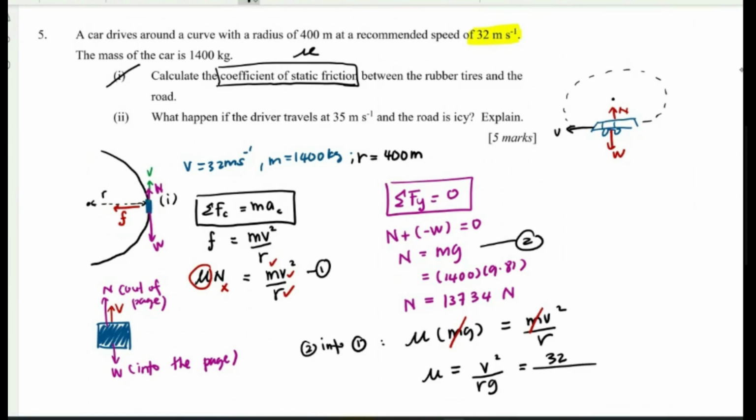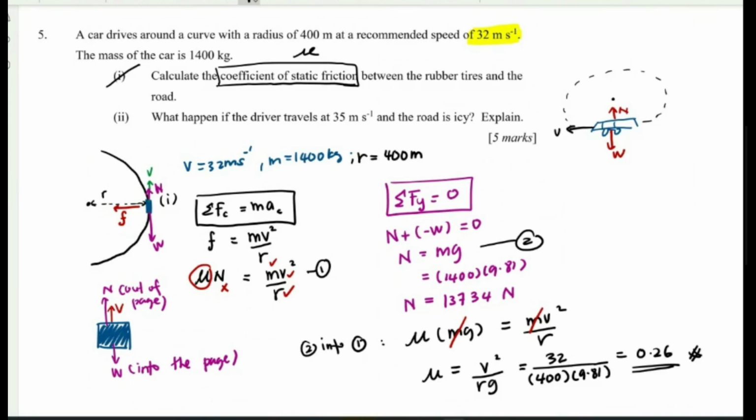Sama juga dengan radius. Soalan ni mudah lah, dia dah bagi dalam meter. Then you can just substitute all the information given. So mu kat sini jawapan dia 0.26. Tak ada unit. Coefficient of static friction tak ada unit. Dapat tak? Okay, very good.